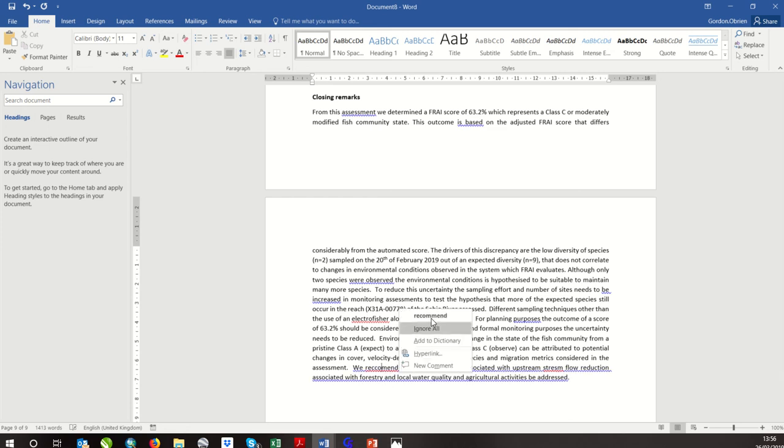Okay, we recommend mitigation measures associated with upstream stream flow reduction activities due to the forestry sector be implemented, and local water quality altering activities such as the waste water treatment works downstream of the study area be evaluated.